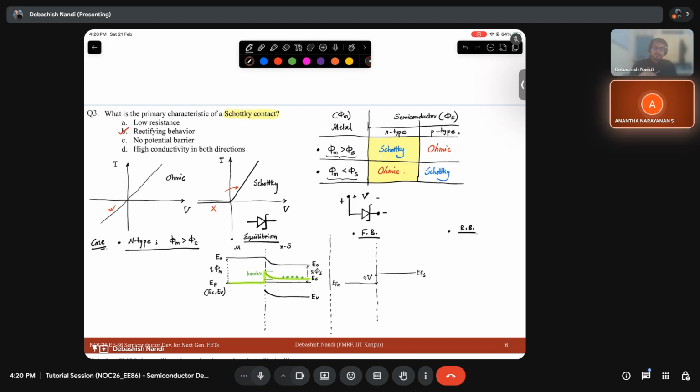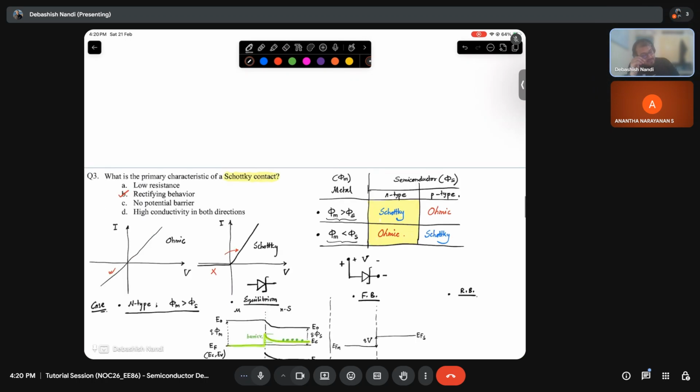Sir, I just want to ask one more thing. If we apply positive bias on a p-type, that means the Fermi level of metal will be greater than the semiconductor, right? It will be the other way around, right? See what we are drawing in the energy band diagram.